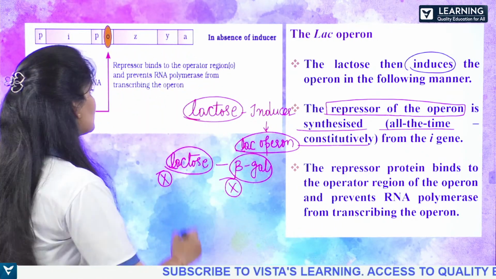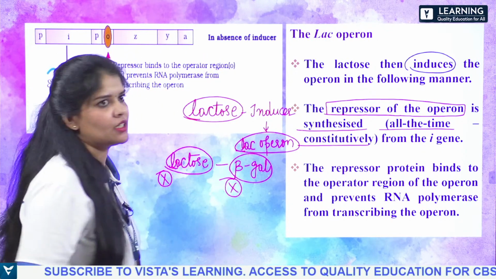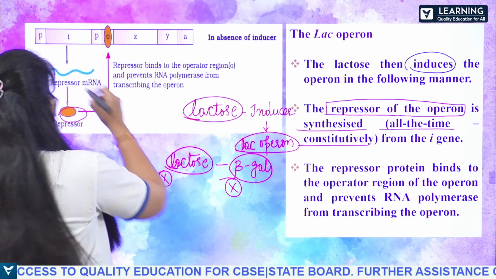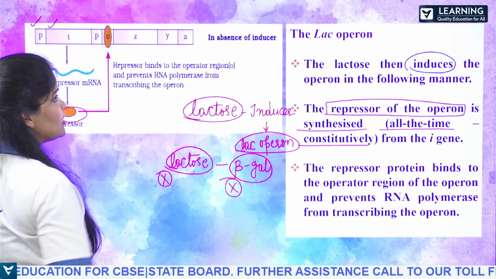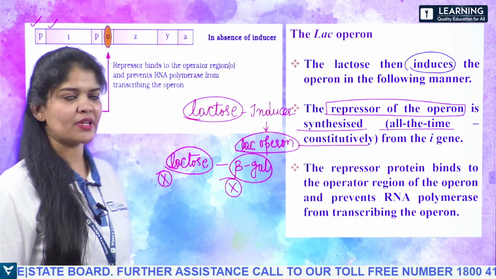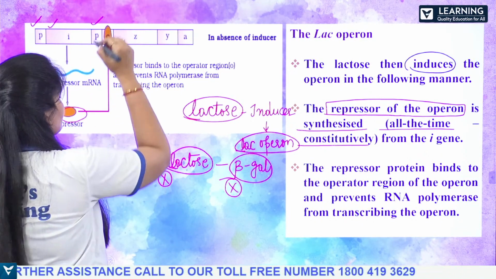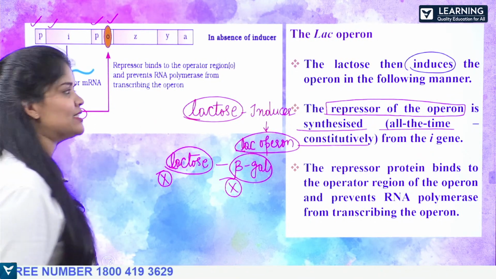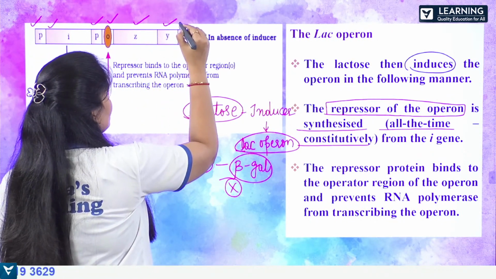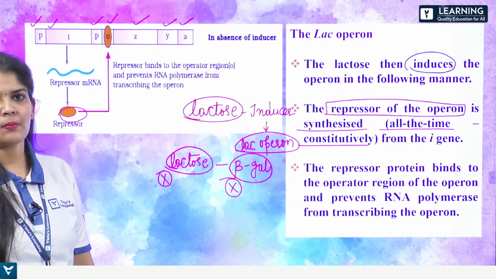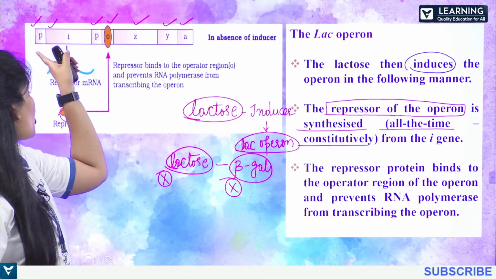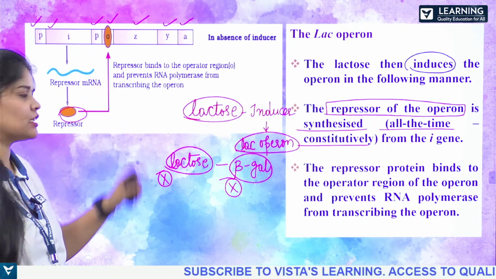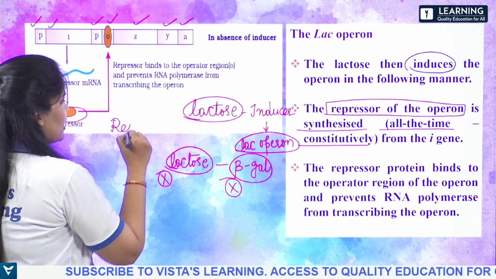So if you look at the lac operon, we find a promoter, we have an I gene which will transcribe and translate into the repressor, we have the presence of a promoter, we have the presence of an operator, and we have the presence of structural genes like Z, Y, A. So always the I gene will transcribe and translate to produce repressors.